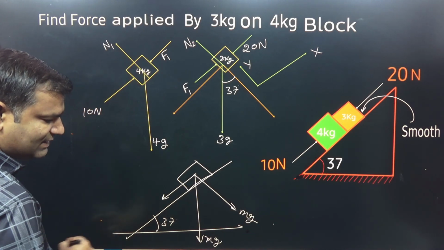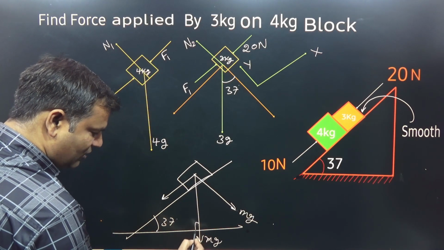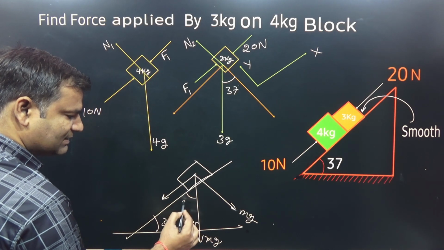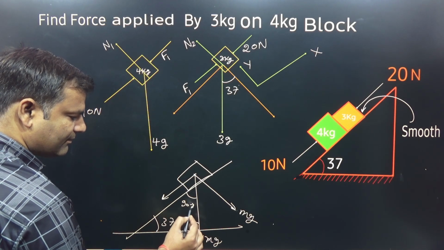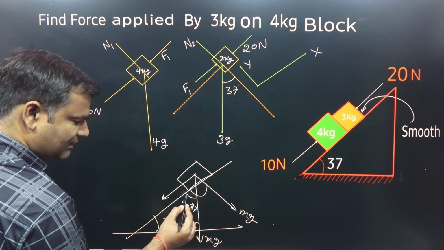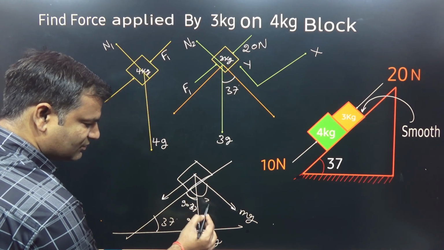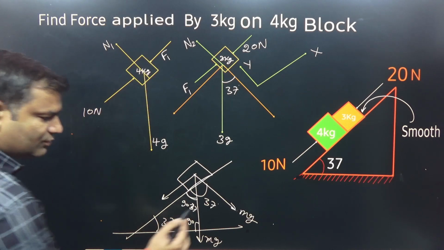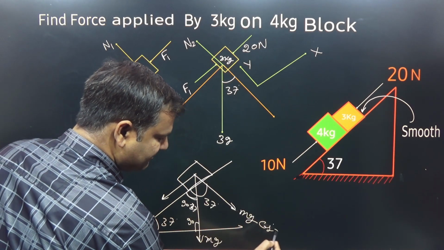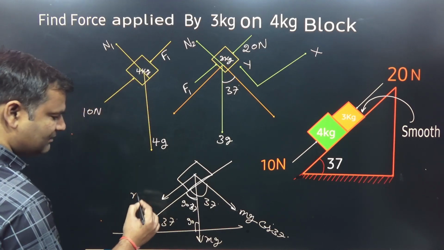So if this one is 37, so that one is how much? 90 degree. Clear? And what about that one? 90 minus 37. And what about that angle? 90. So if this one is 90 minus 37, that one is 37. Clear? So the component of mg along this direction is mg cos 37 and here mg sin 37.